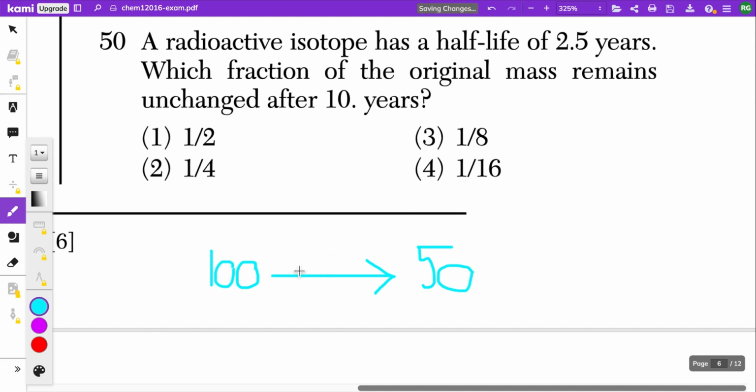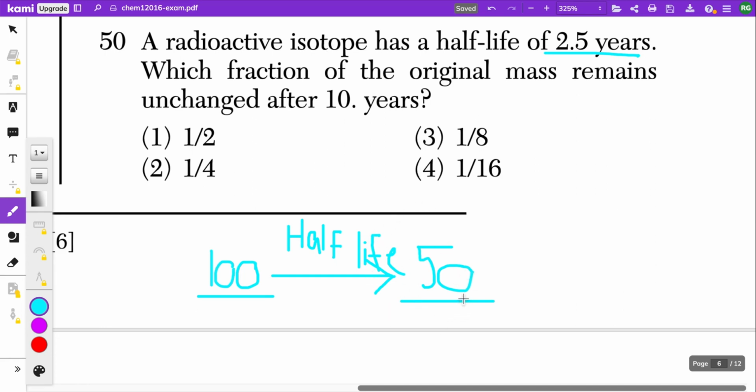That period of time, going from your original amount to half the amount, is called half-life. In this case, our half-life is 2.5 years, meaning that if we started with 100 nuclei and wait 2.5 years, it's going to decay into 50 nuclei. So there's going to be 50 nuclei left.